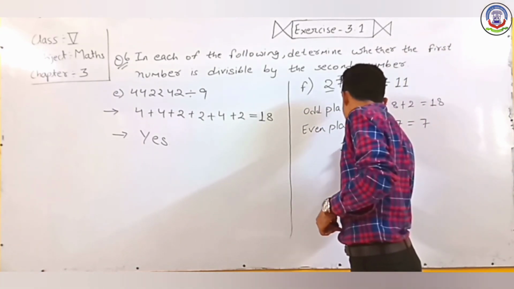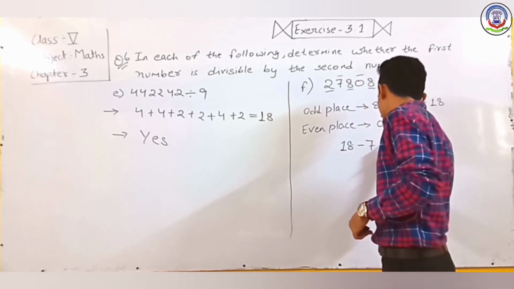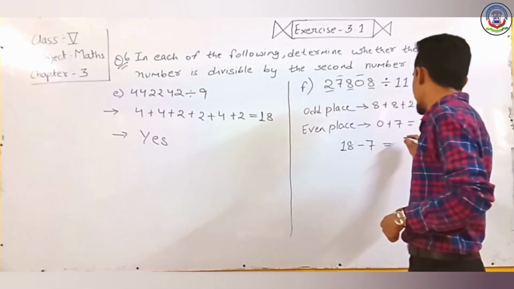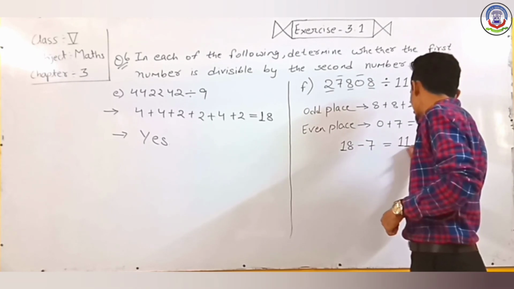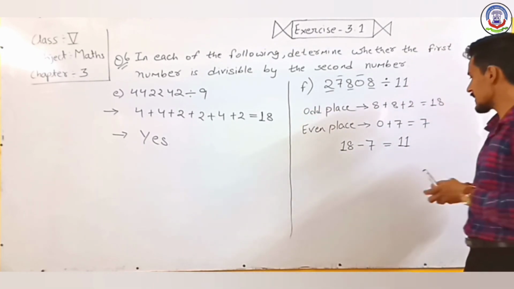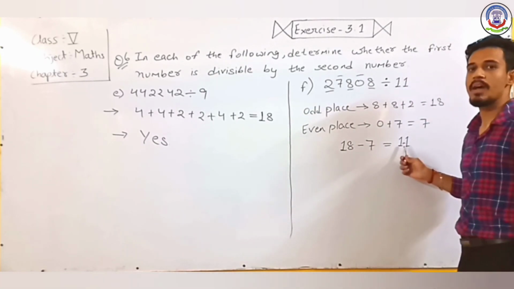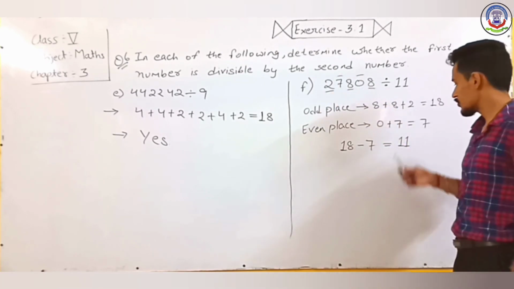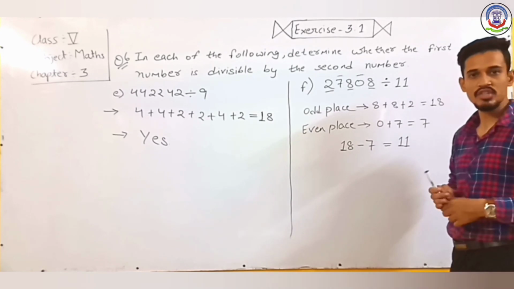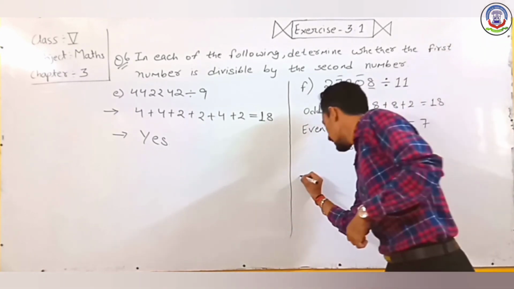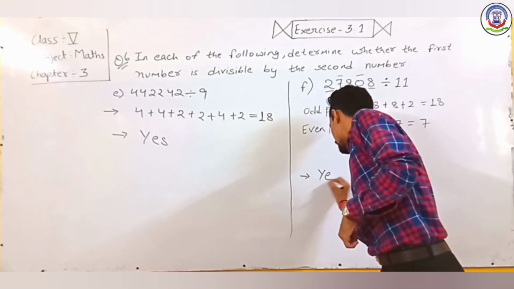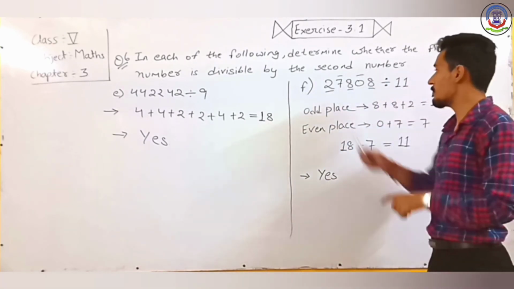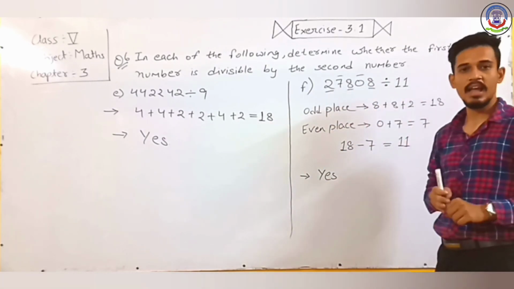So 18 minus 7 gives 11. Now we have to check if this number is divisible by 11, then the original number is also divisible by 11. So 11 is divisible by 11 once. So we write here yes, this original number is divisible by 11. Okay.